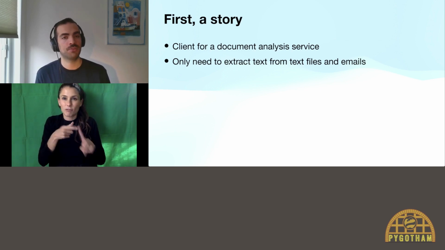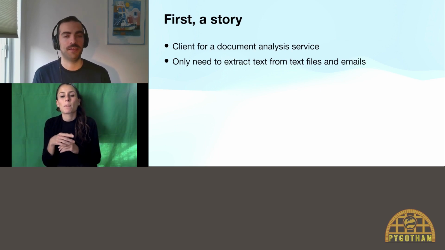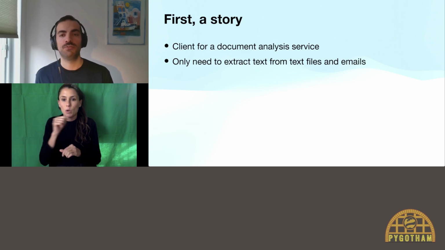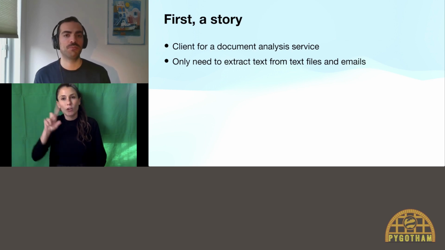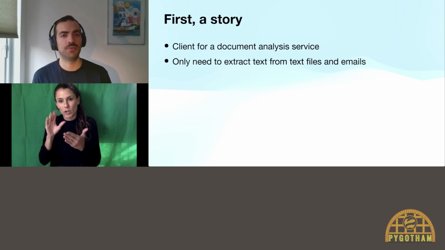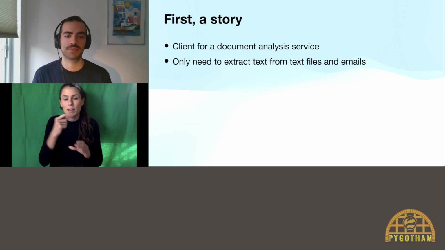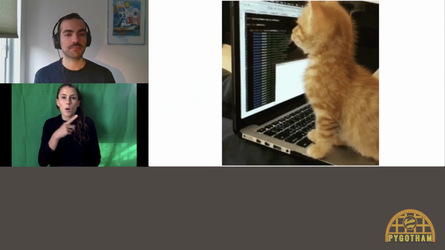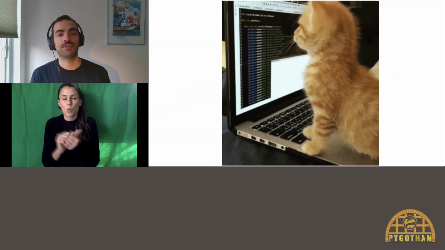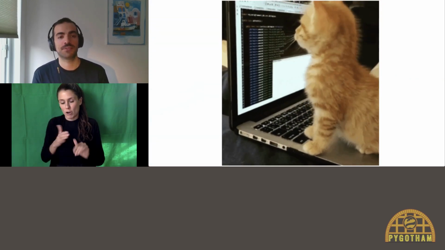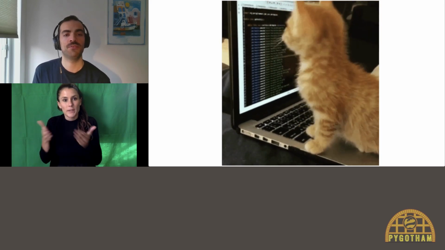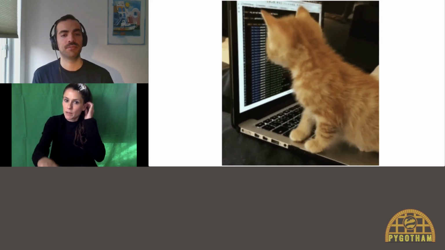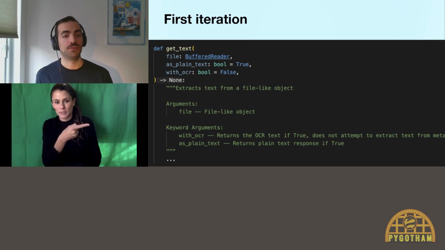And Sam is told that for the project itself, there's no need to support OCR. We just need to support basic documents like text files and emails. And that's all that's needed. So he begins his work starting with a simple client interface that interfaces with the service, does all that's needed. And this is his first iteration.